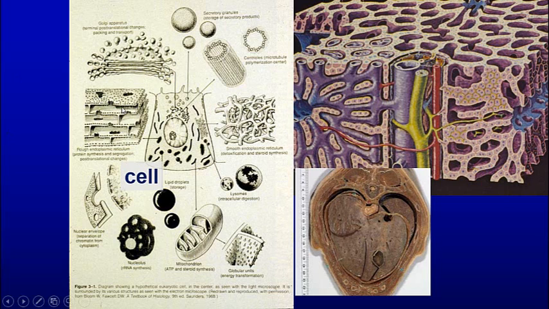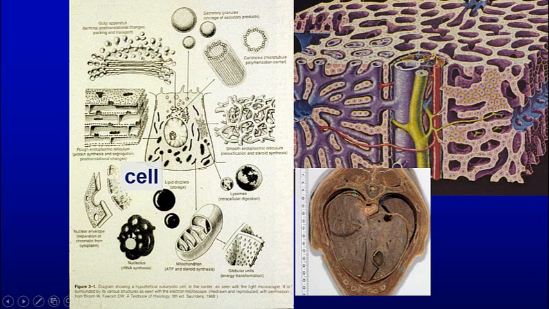So this is the rough endoplasmic reticulum. It's rough because it has ribosomes, and also it's rough ER because it has little stacked sacs, as opposed to smooth endoplasmic reticulum, which is a series of anastomosing tubes. And then we have the nuclear membrane itself, the nuclear envelope that surrounds it, with nuclear pores for the messenger RNA to get out of the nucleus.